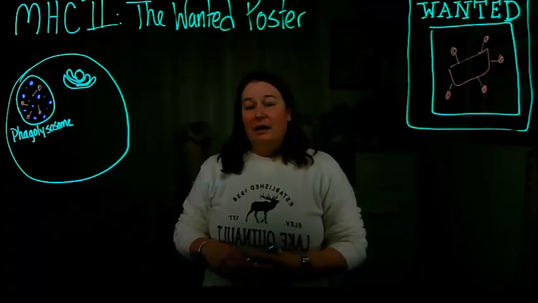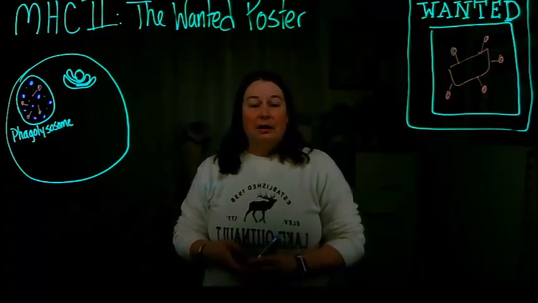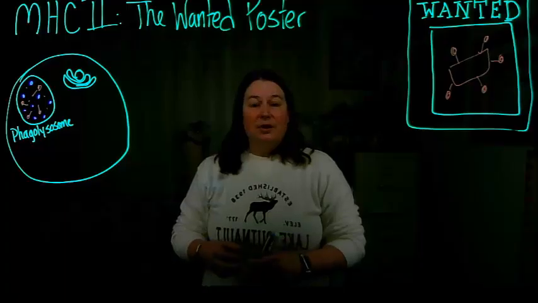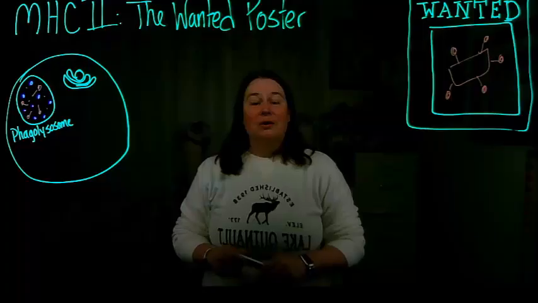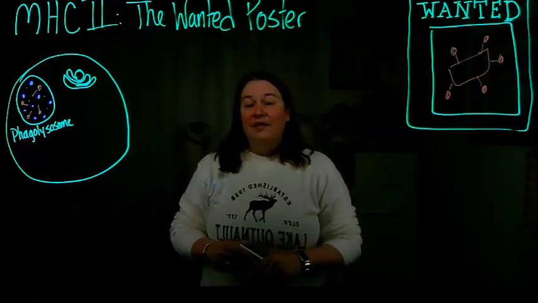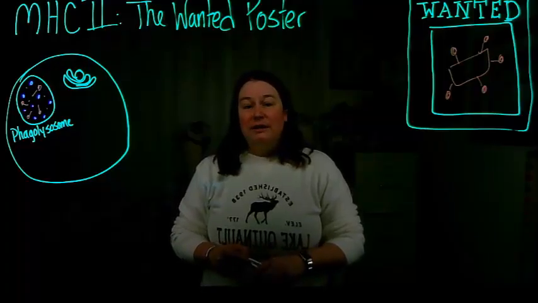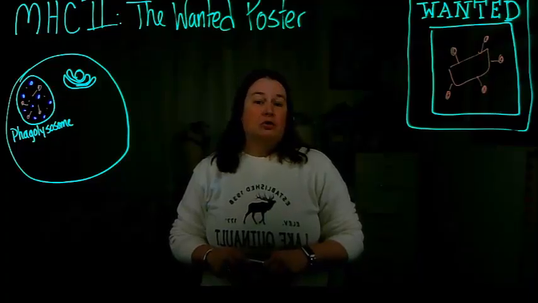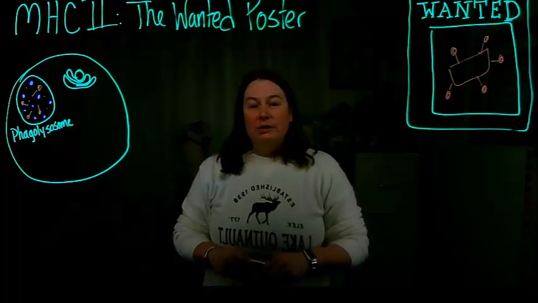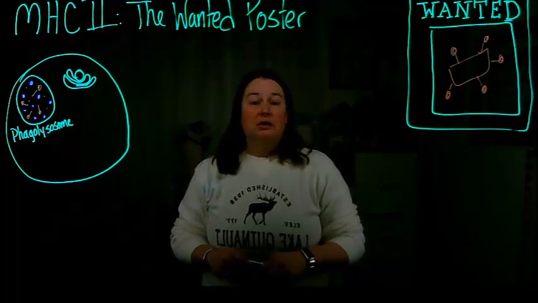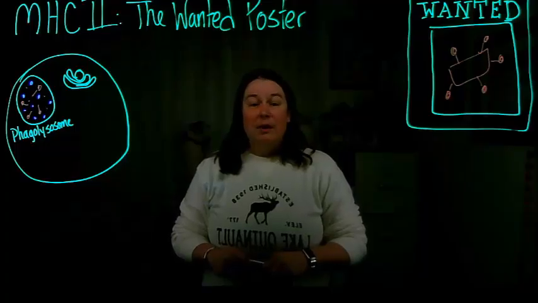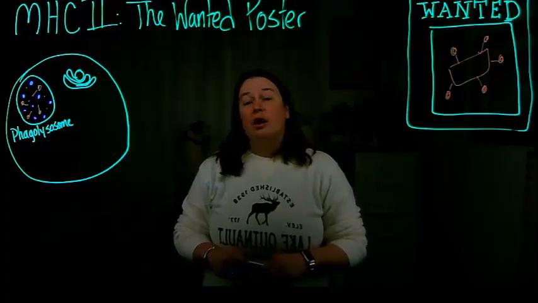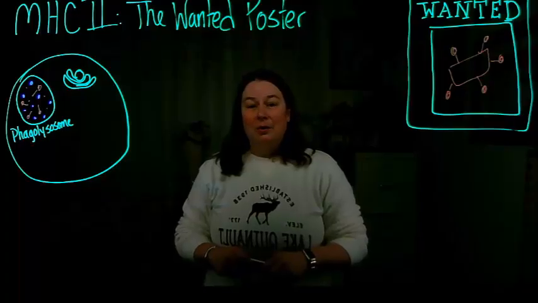So at the end of the process of digestion, you have a lysosome and a phagosome that have fused together to create this structure illustrated as the phagolysosome. At the end of digestion, the foreign cell or the evil cell was broken down into pieces and is now destroyed. But we can use those pieces to signal to other cells that there may be an invader and there may be something to be on the lookout for, aka our wanted poster.